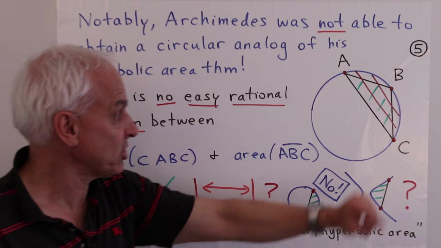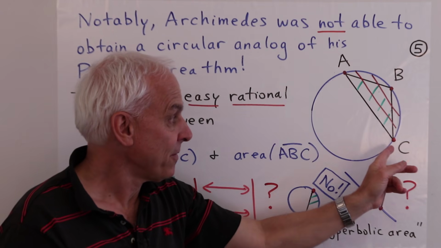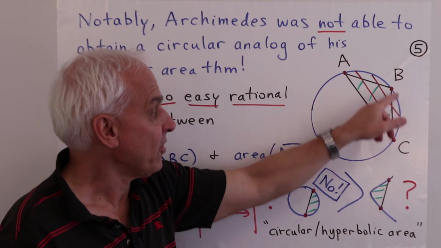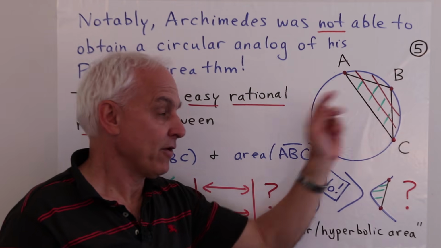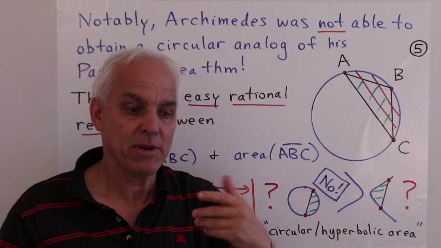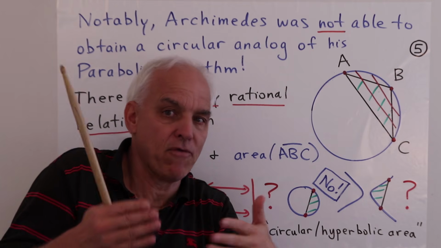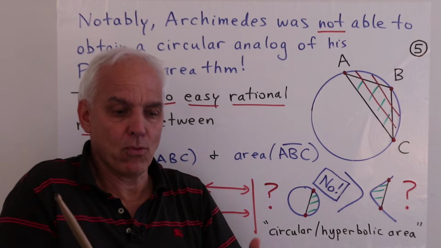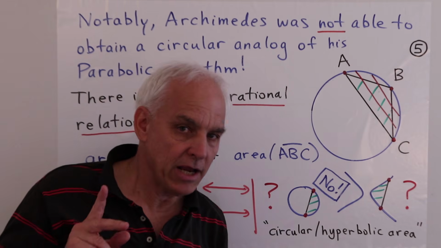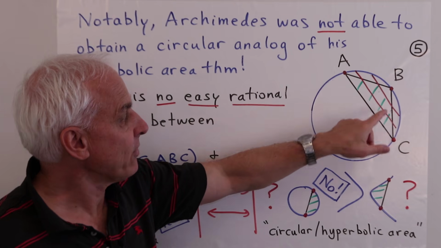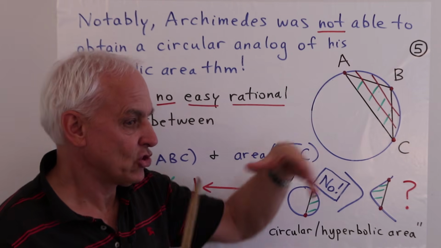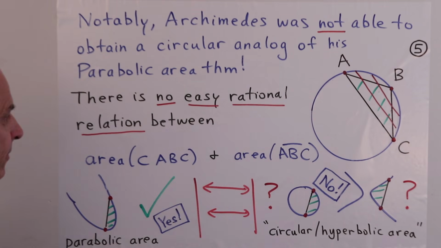In the parabolic situation, if this was a parabola, Archimedes would say the area of the parabolic arc is 4/3 the area of the triangle. Wouldn't it be nice if there was some constant, like 4/3, but some different value, that worked for the circle? But he was not able to find such a thing. In fact, he was not able to find any kind of easy relationship between these two areas.